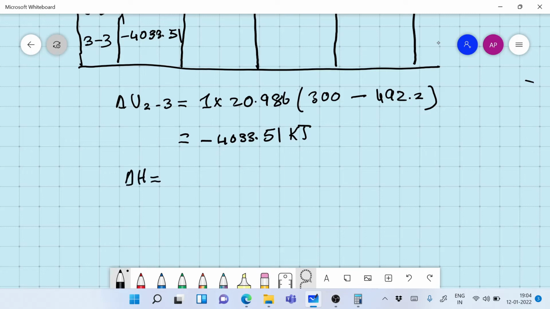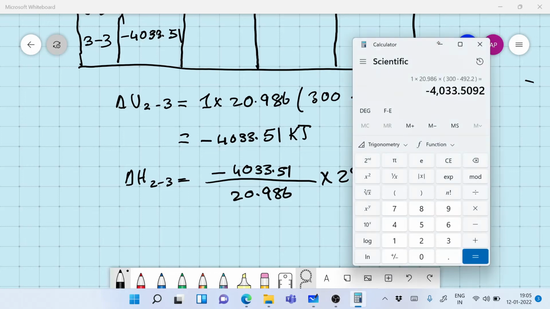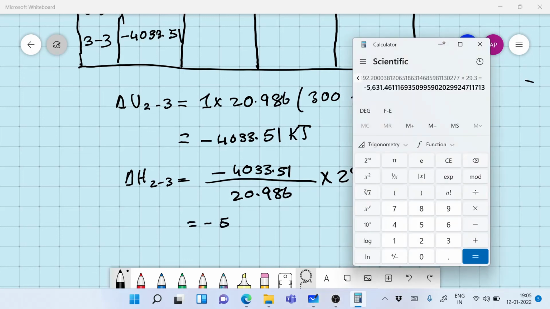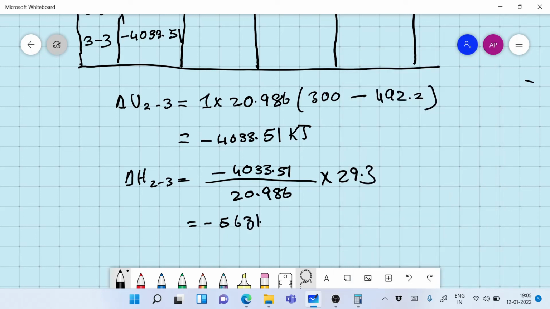And we use the same old method to calculate delta H. So delta H will be equal to minus 4033.51 divided by 20.986 multiplied by 29.3, and that makes it minus 5631.46.